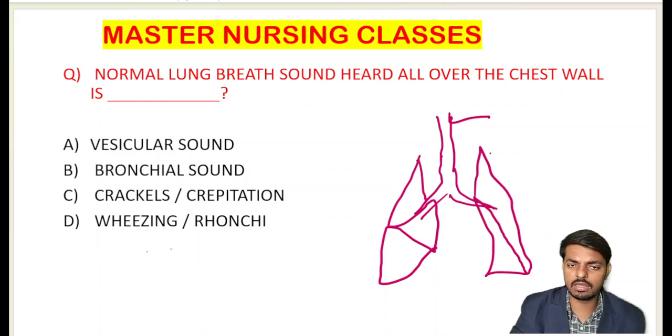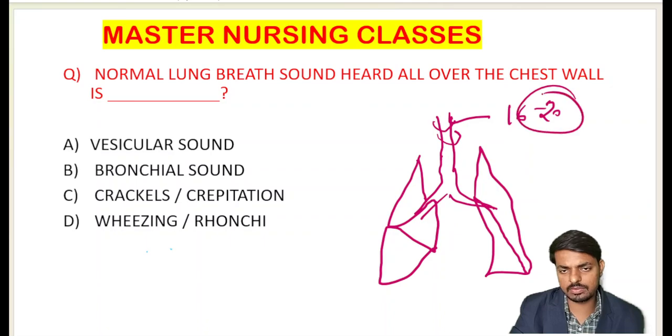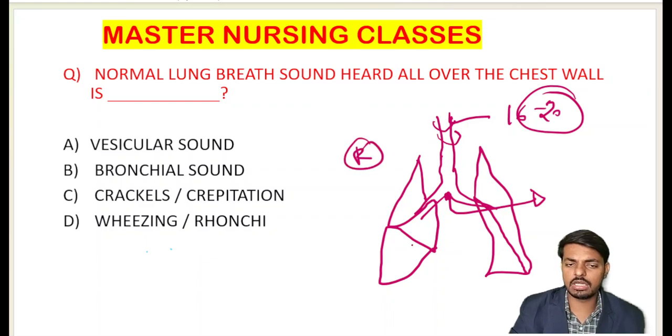Here is the dividing point of the right and left bronchi, which we call the carina.